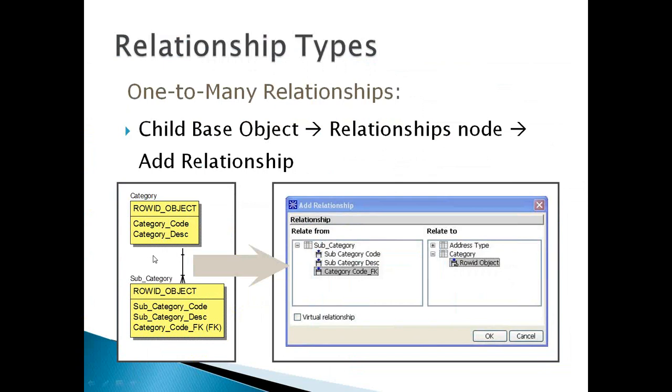If you create such a relationship, it can hold both of them. This is my child subcategory, and because both are base objects, you see the row ID object here, because every base object that we create will have a unique row ID object, and whatever columns we see inside, those are the business columns.